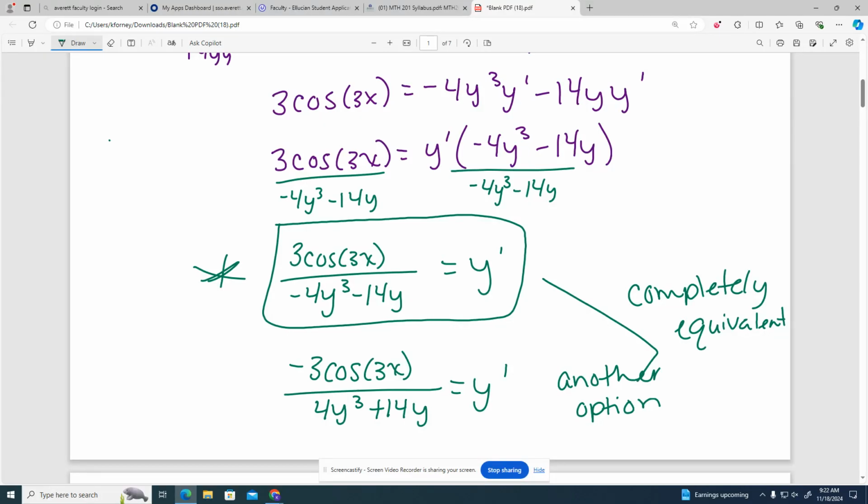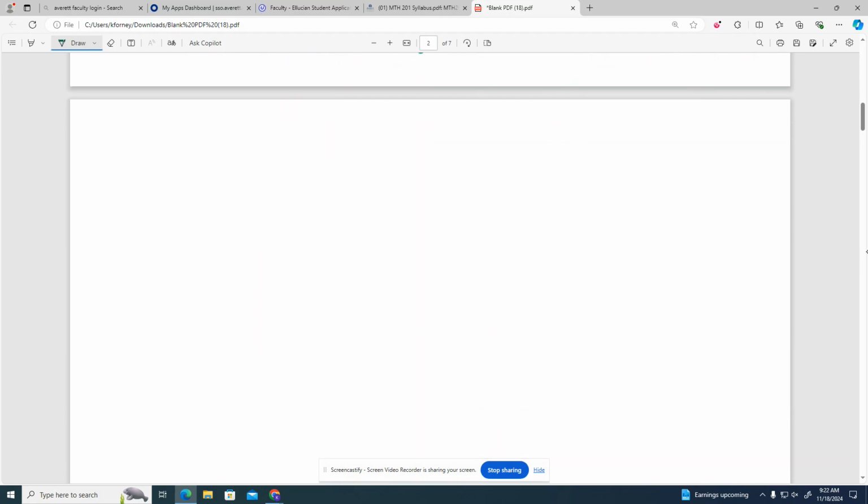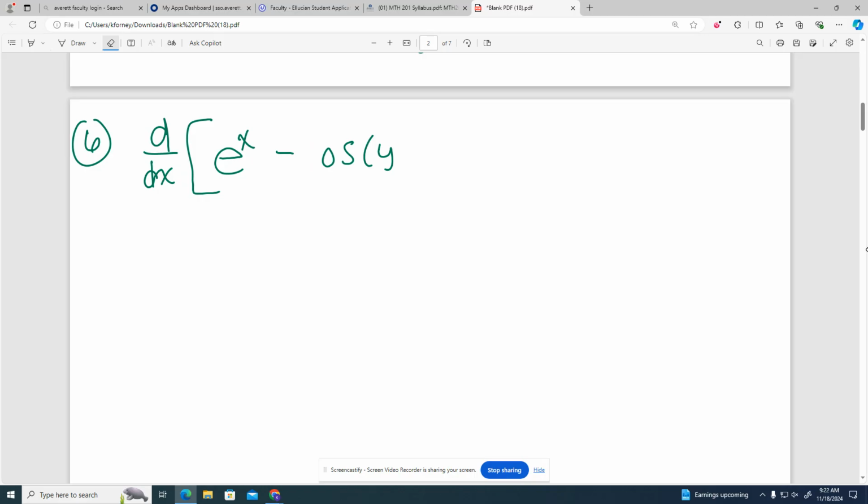Okay, so let's look at, say we want to find the derivative for e to the x minus sine y equals x.